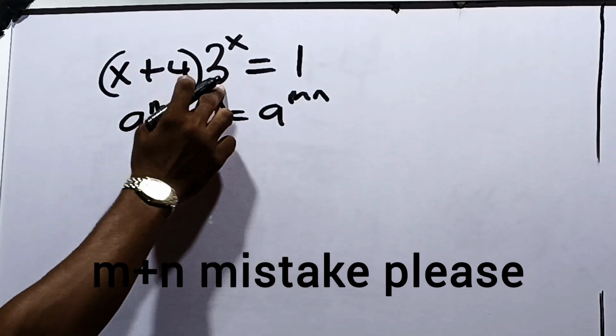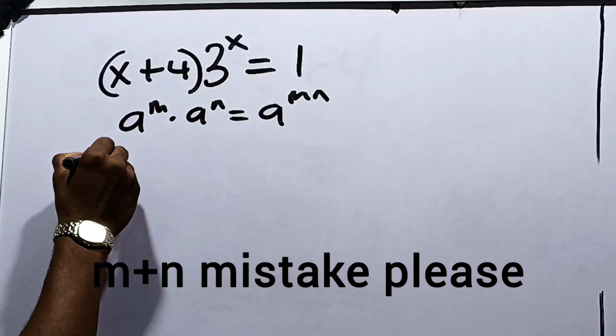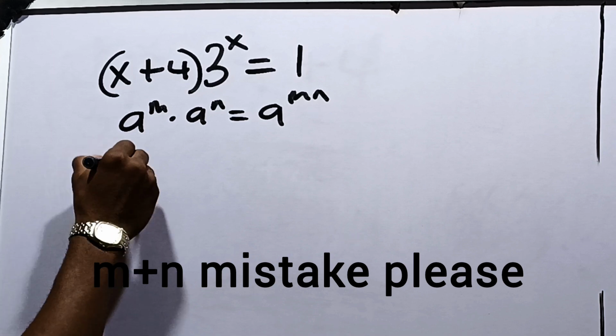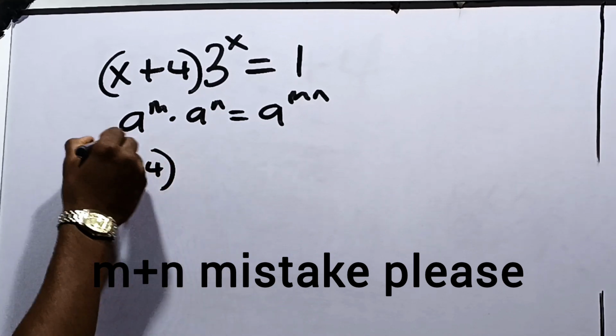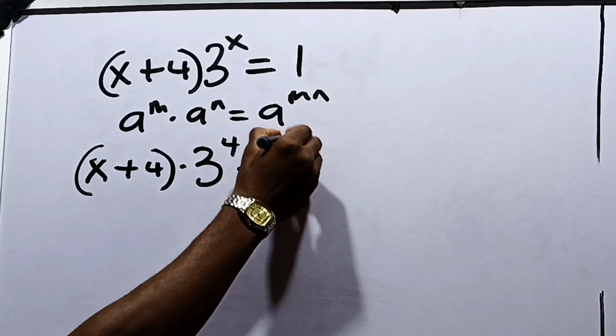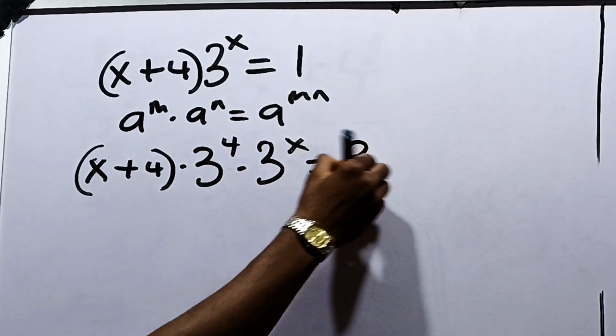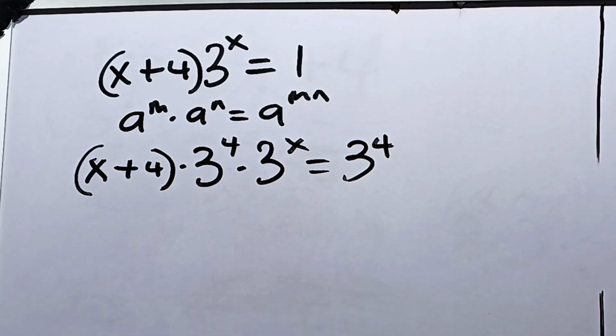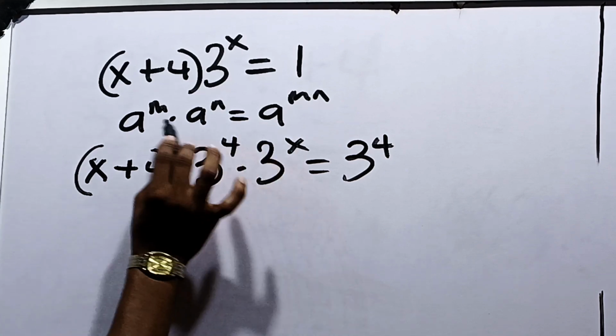Let's now multiply both sides by 3^4. So we have 3^4 multiplying this side, so we have x + 4, multiplied by 3^4 multiplied by 3^x is equal to, we do the same thing here, 3^4 times 1, which is 3^4. Okay, now from here you can see that when we have 3^4 and this, we do the same thing here.